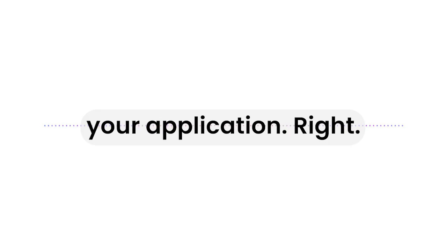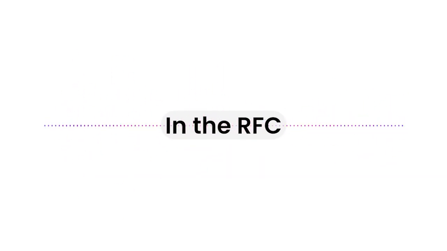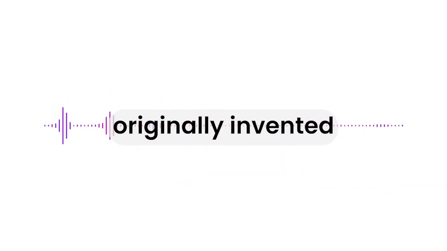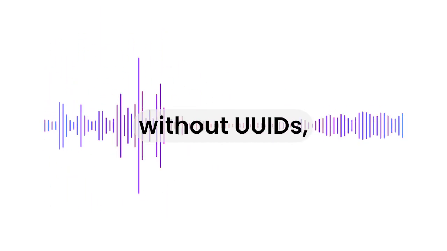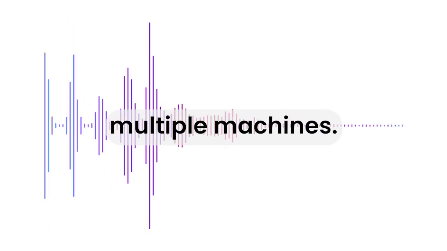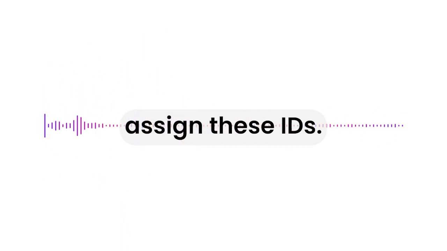Right. So before we even get into the different versions, can we back up a second? In the RFC, they talk about this problem with creating unique identifiers. What problem were UUIDs originally invented to solve? Imagine a world without UUIDs. You're building a distributed system and you need a way to create unique IDs across multiple machines, but you don't want to rely on some central authority to assign these IDs.